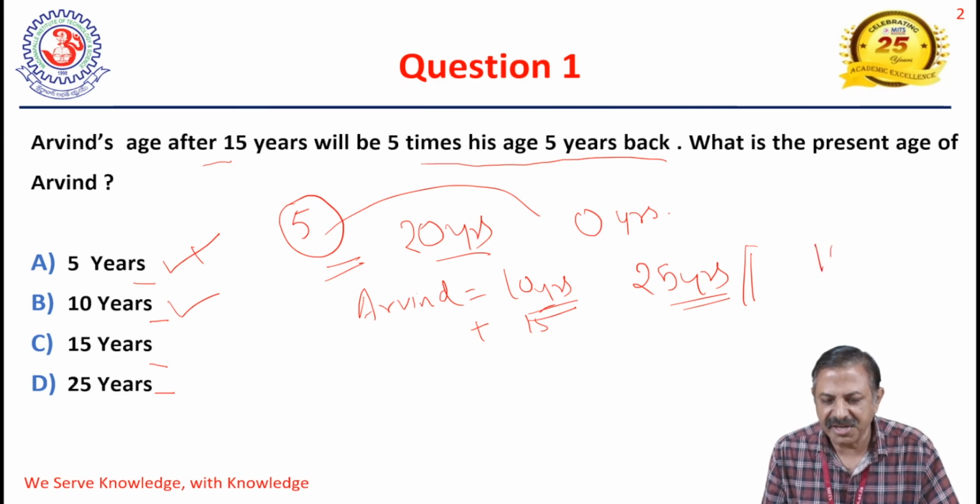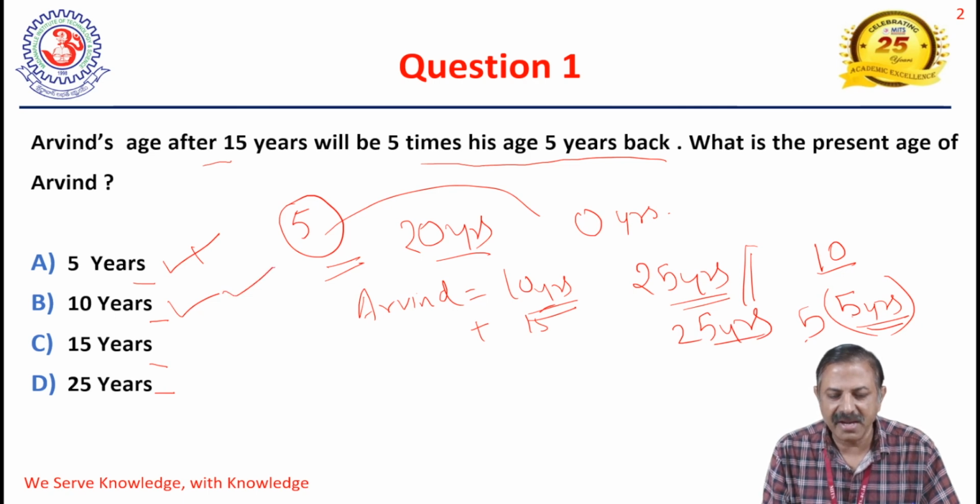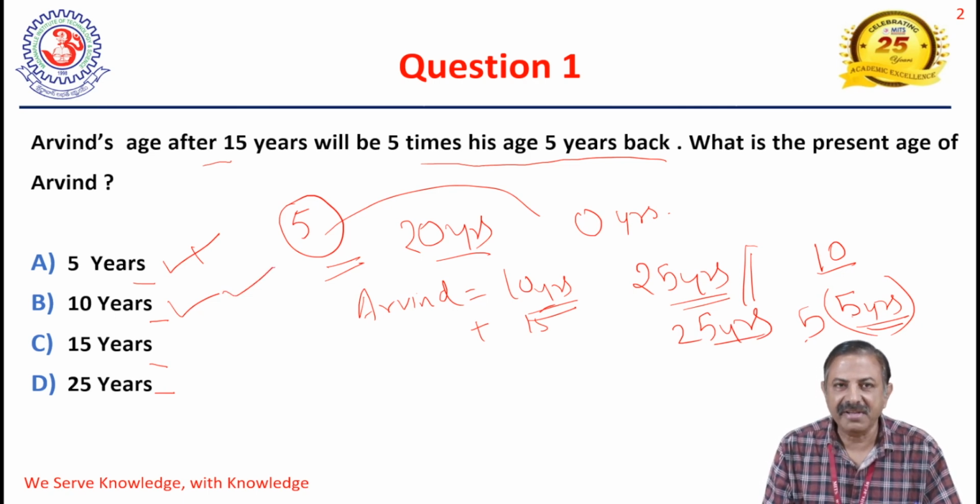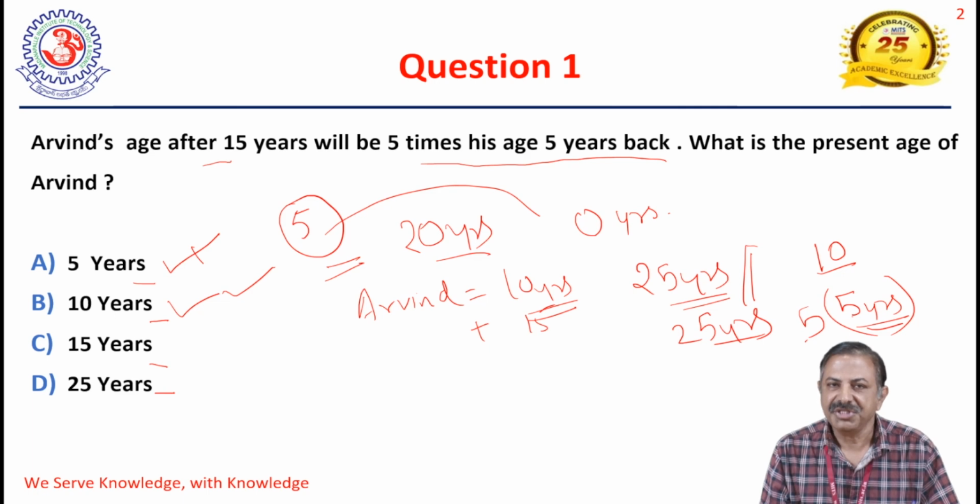So his age is 10 years, 5 years back it will be 5 years. So 5 times his age 5 years back is 5 into 5, 25 years. So option 2 is the right answer. The present age of Arvind is 10 years. It's very simple. Just by seeing the options, we can give the answer that Arvind's age is 10 years.